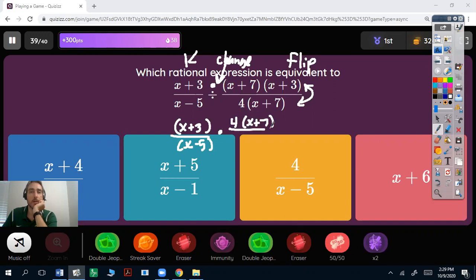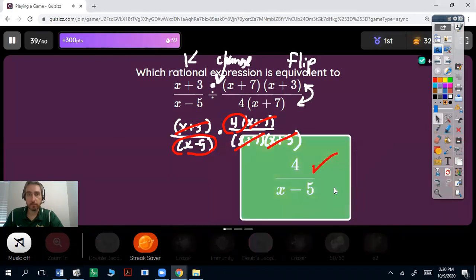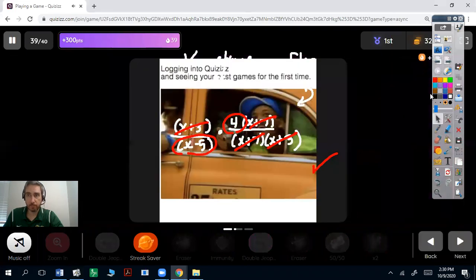We're going to flip that. And this is nice and factored, so we can just cancel things out. We got an x plus 7 there, and I have nothing else. I got an x minus 5 on the denominator and 4 on the top. That's going to give me that. Cool. One more.